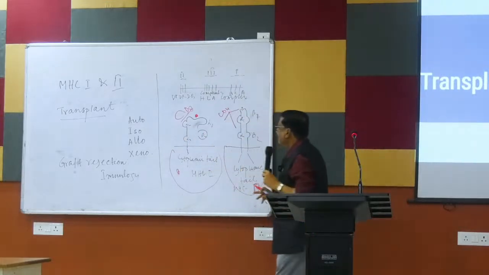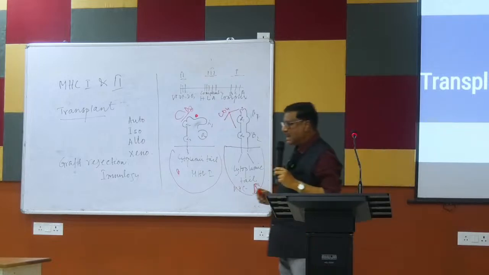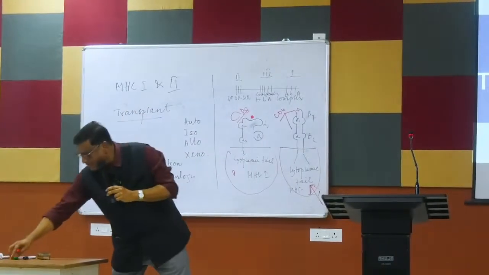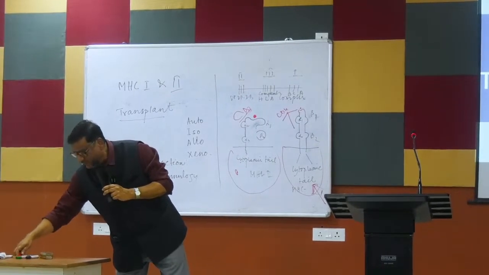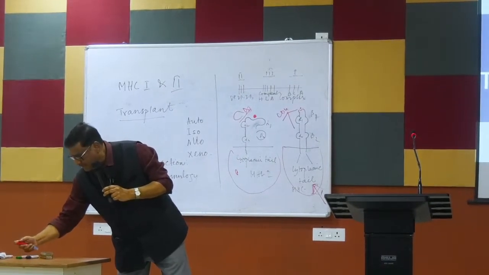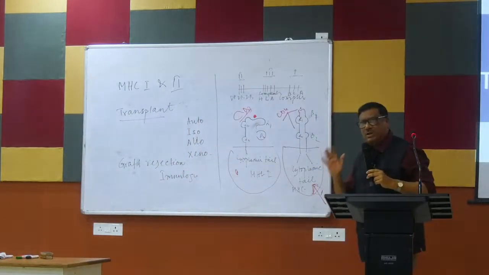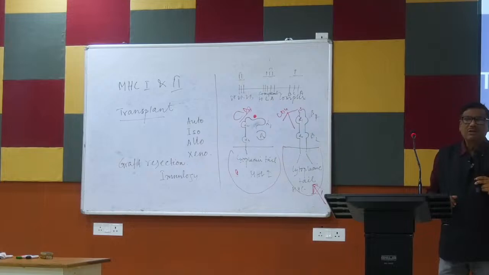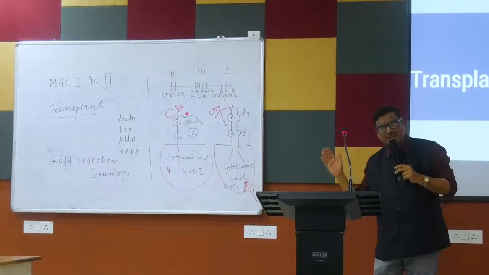Now, different types of immune response are seen in case of transplant antigen. It is very difficult to read from a book. The basic thing is that all the immune responses in transplant medicine, try to analyze them on the basis of T cell response and B cell response.